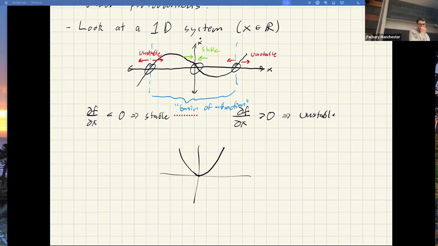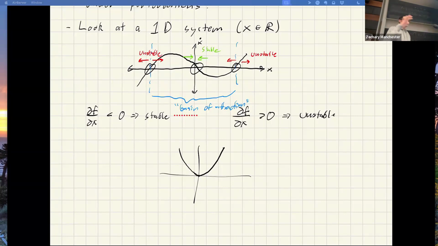In the case where the slope is 0, df/dx equals 0, you basically have to do something fancier in terms of analysis. If it's strictly 0, the message is you have to look at higher order terms or do something else that's fancier and more nonlinear. This local slope analysis doesn't hold in the case that it's strictly equal to 0.